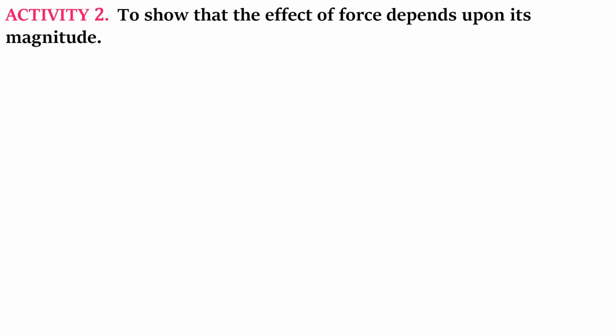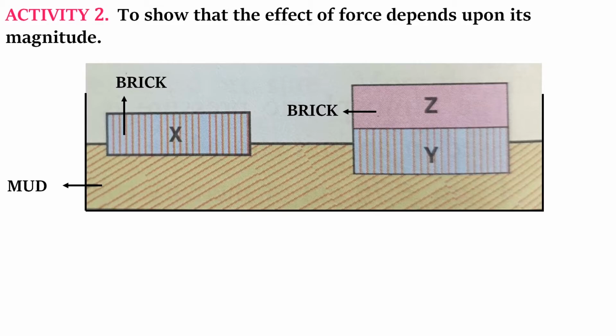Now we have the second activity to show that the effect of force depends upon its magnitude. For this we need 3 bricks of same size and weight and a glass tray filled with soft mud.